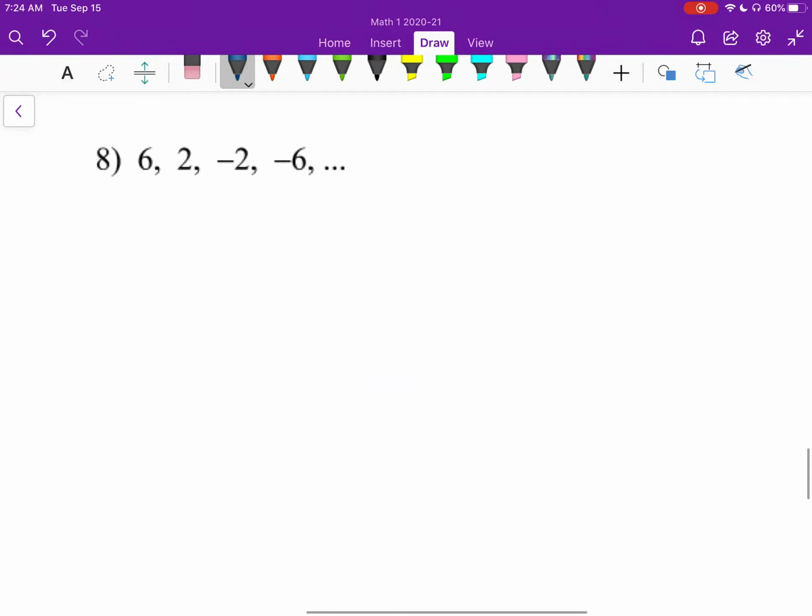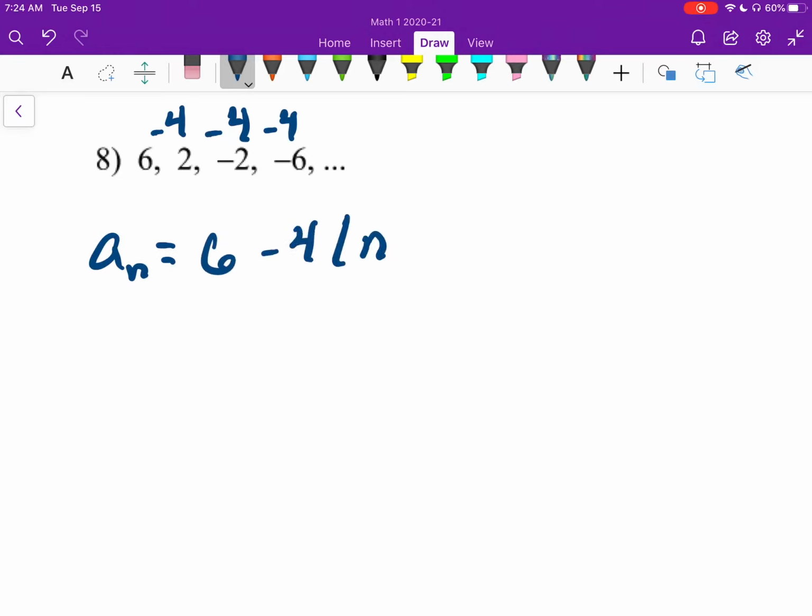All right, last one. I think we're going to subtract 4 here. Yes, we are subtracting 4. So a sub n is 6 minus 4 times n minus 1, 6 minus 4n plus 4, 10 minus 4n.